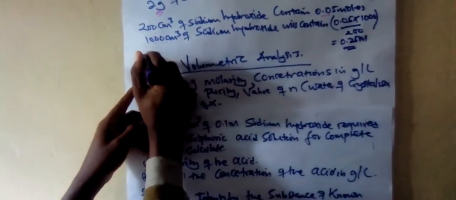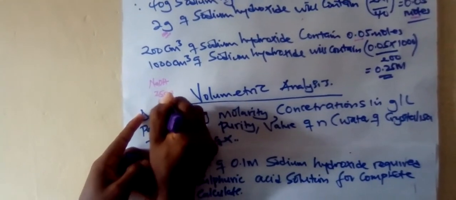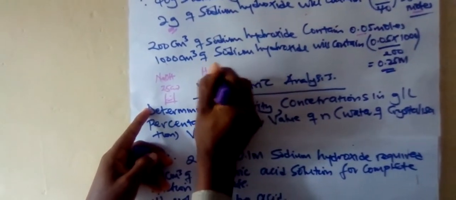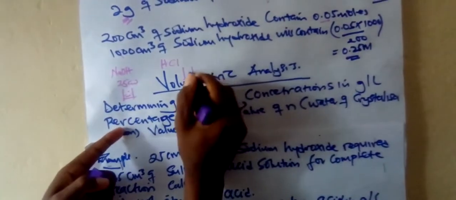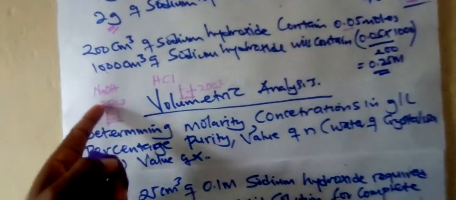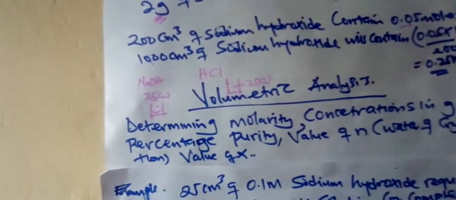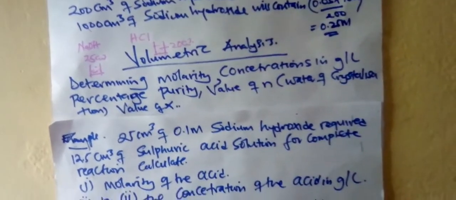I can have sodium hydroxide, maybe 25 centimeters cubed in a container, then I react it with HCl, and for complete reaction I get maybe 20 centimeters cubed. It means that one of these substances must be of known concentration so that I can get the concentration of the other. So we call it volumetric analysis. We deal with the volumes of different substances.